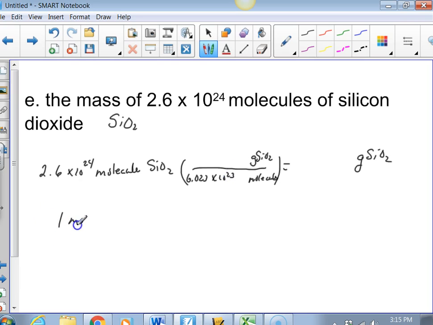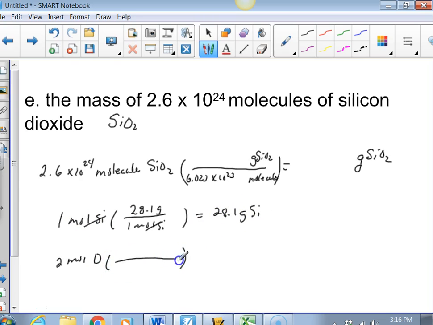We have 1 mole of Si. We have 2 moles of oxygen. Every 1 mole of Si is 28.1 grams. That gives 28.1 grams of Si. And then we've got, for every 1 mole of oxygen, we've got 16 grams.